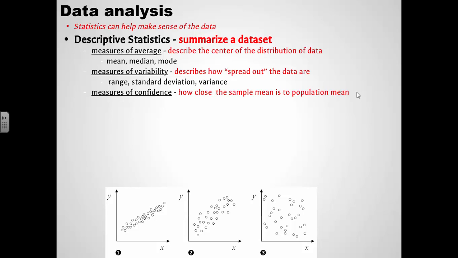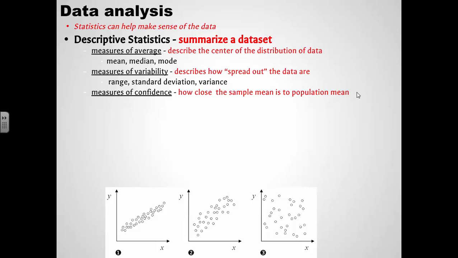So if I consider this class a sample of ninth graders, I could measure your height and use that to try to understand the height of ninth graders in general. Now, would it be perfect? No. Would the average height of this class be the same as the height of every ninth grader? No, but it might be close.